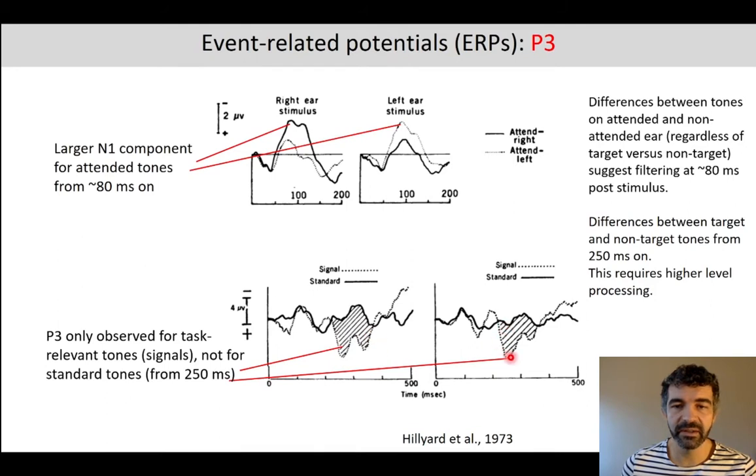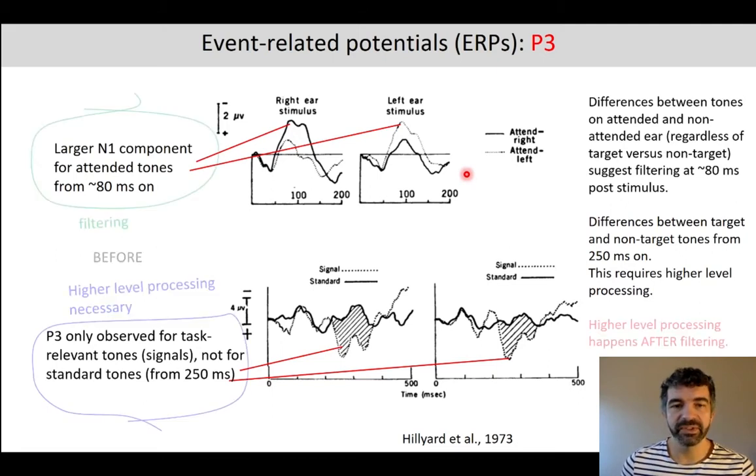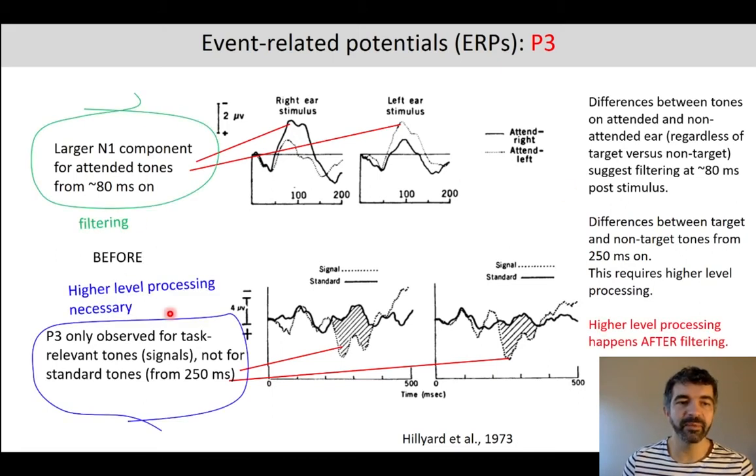This is the target, this is the target, and the dark line here, that's what they call standard or non-target or distractor. That's the tone you can ignore. So there's differences between target and non-target tones from 250 milliseconds on, clearly after the filtering. And this requires higher processing. So the filtering is happening before higher level processing is necessary. And this is of course evidence for the early selection models.